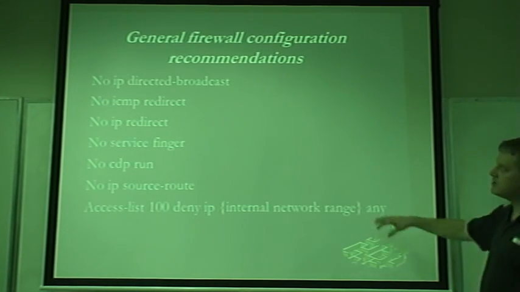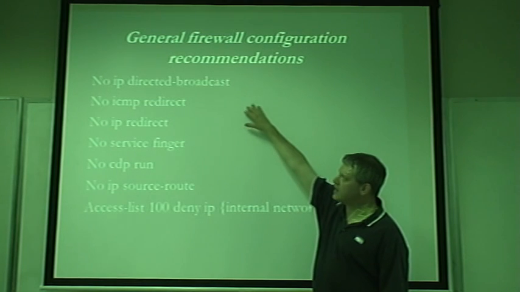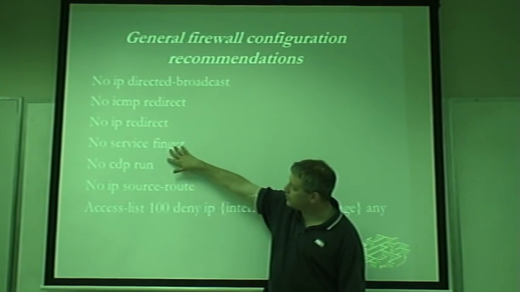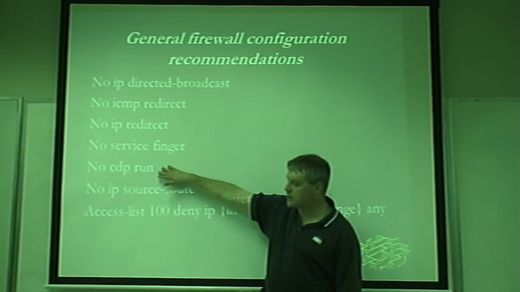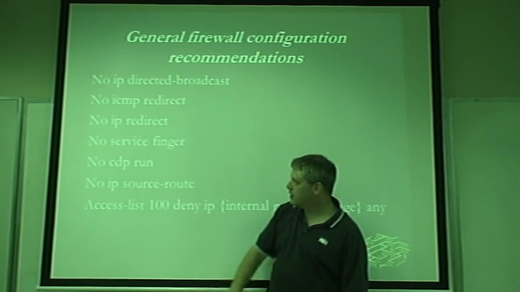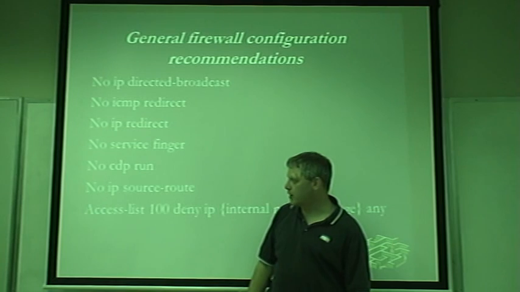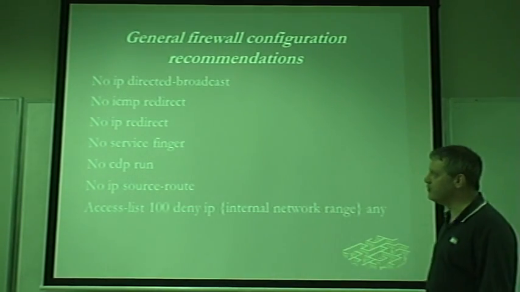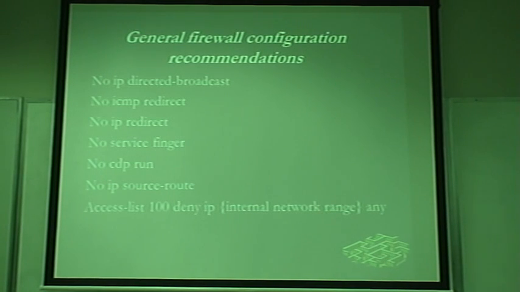On the interface, no ip directed-broadcast, no ip unreachables, no ip redirects. Globally, no service finger, no cdp run. Alright? And no ip source-route. That will prevent typical malformed packets from being allowed through the receive buffer on the interface.